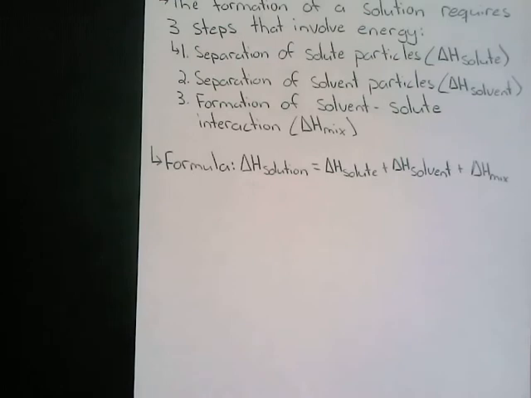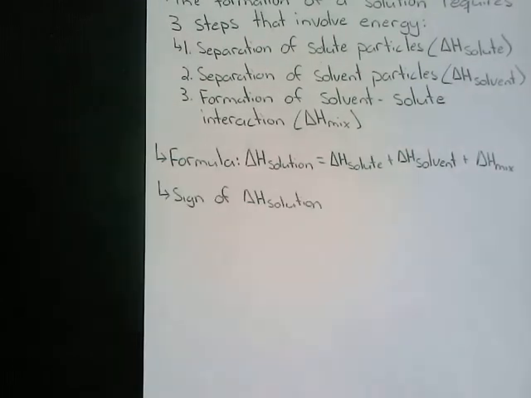process. Now, there's another thing too that's really important for us to think about, and something that in the lab we can actually feel and experience as we produce a solution, and that is the sign of what delta H of the solution is. So the first sign that we'll talk about is that if delta H is positive, what this means is the solution process is endothermic.